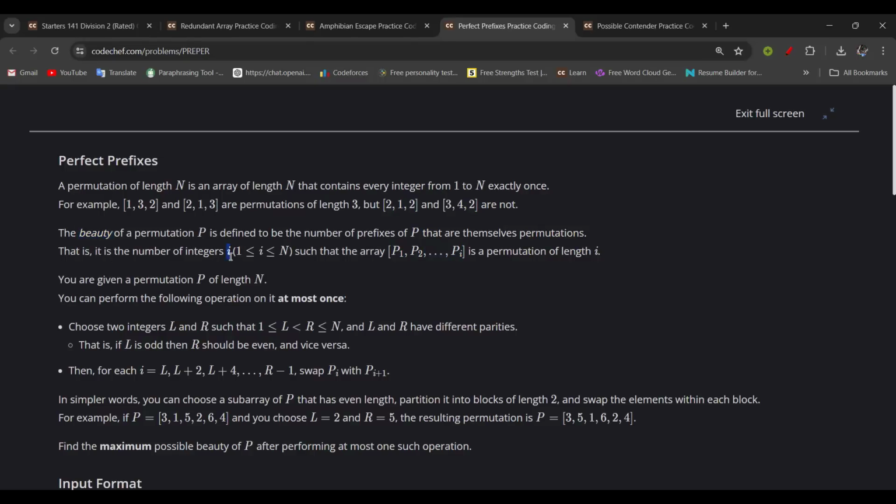It is the number of indexes I from 1 to n such that if you take the subarray from the start till I, that subarray should also be a permutation of length I. If it satisfies this, then we add +1 to our answer, and the number of I's that satisfy this is our beauty of the permutation. That's the definition of beauty.